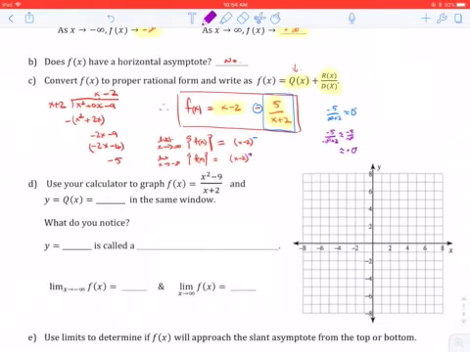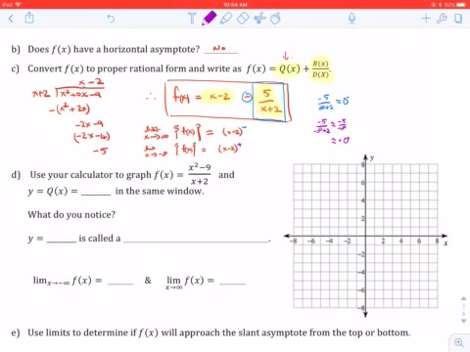So what have we acquired here? Well, our quotient was the line y equals x minus 2, and by analysing the limits we say, look, at the extreme ends the function is actually going to approach the line x minus 2. We already knew that the function was going to have a vertical asymptote at x equals negative 2.